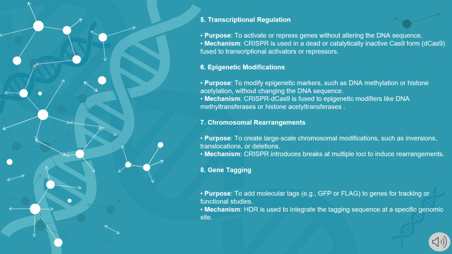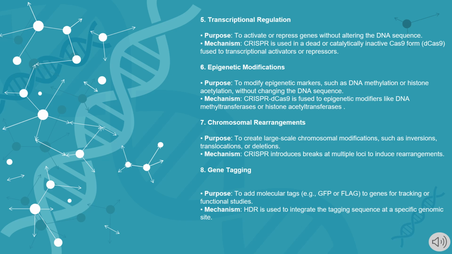Chromosomal rearrangement. Purpose: to create large-scale chromosomal modifications such as inversion, translocation, or deletion. Mechanism: CRISPR introduces breaks at multiple loci to induce rearrangements.